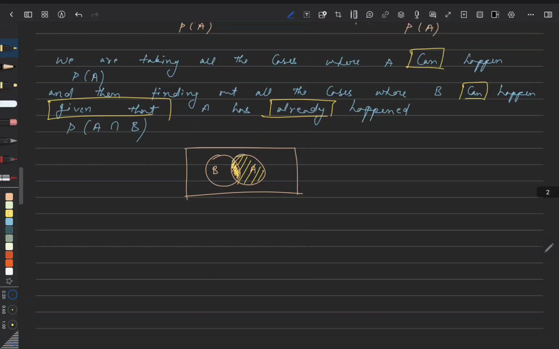This whole will be your sample space, which is P of A, and the only way where B can happen given that A has already happened is this part, which is P of A intersection B. So that is the reason we do P of A intersection B over P of A and not P of B over P of A. This is incorrect, this is correct.